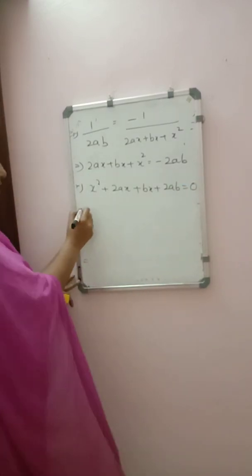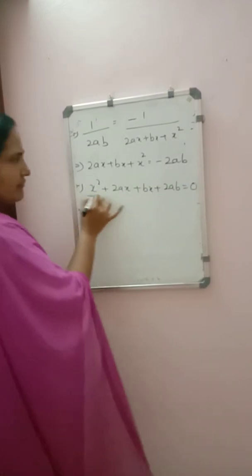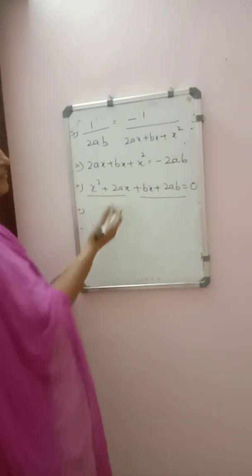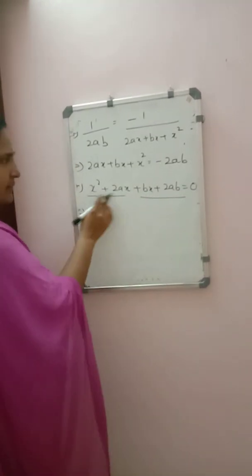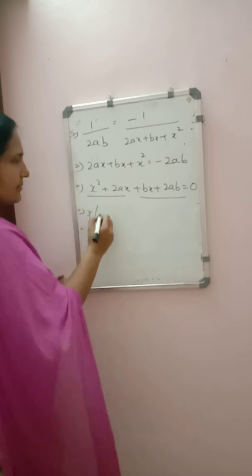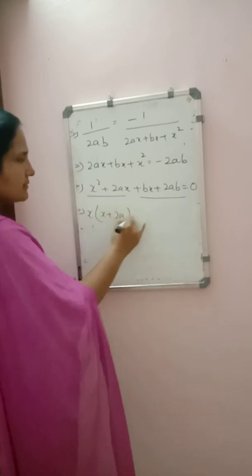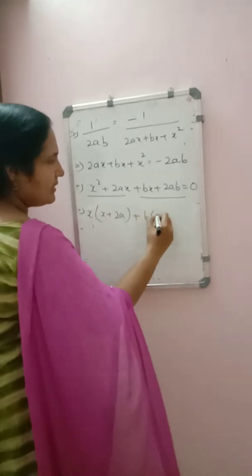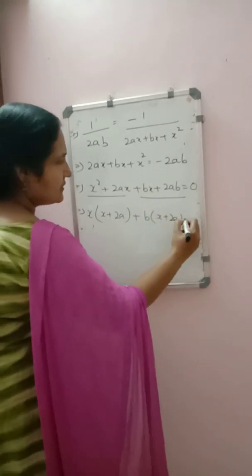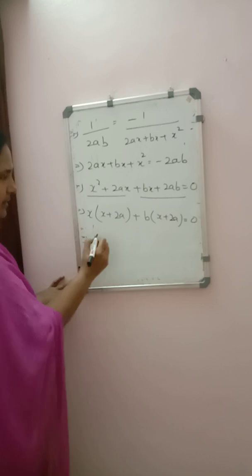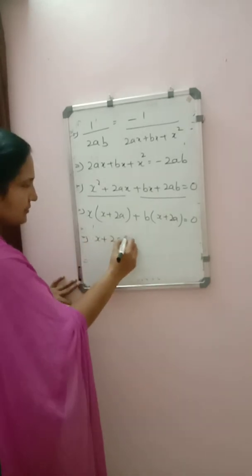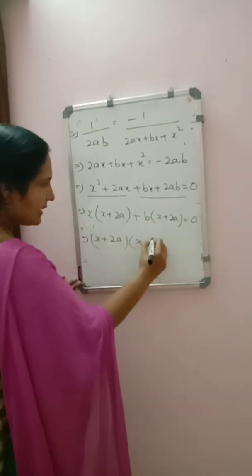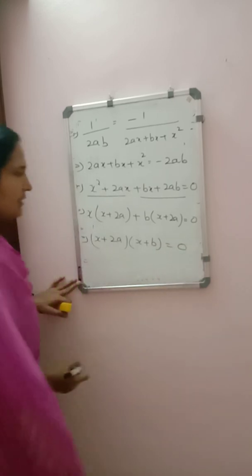Now here already we have 4 terms. So if we group the terms, we can take the common factor from here. x is common, inside the bracket remaining will be x plus 2a. And from these two terms b is common, remaining will be x plus 2a, equal to 0. So we have x plus 2a into x plus b equal to 0.